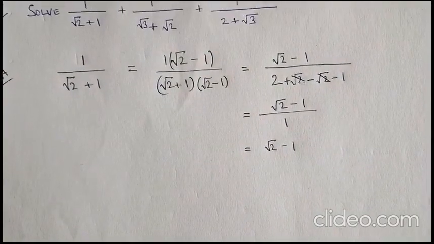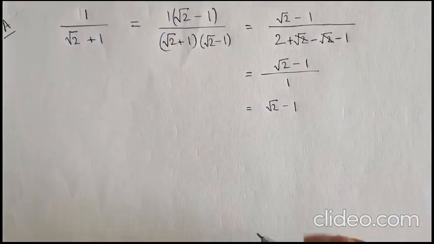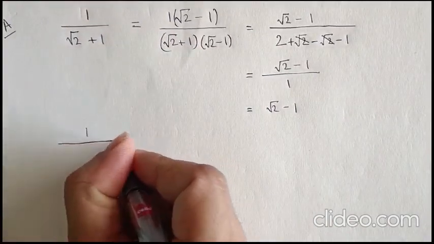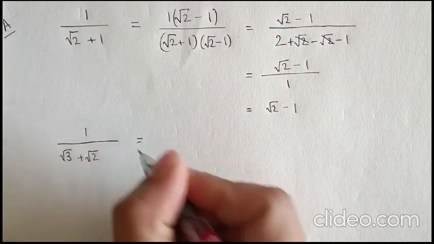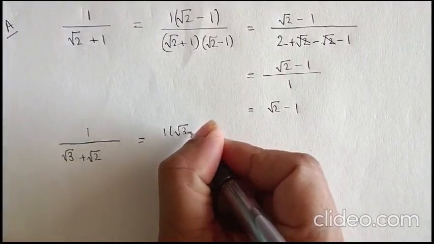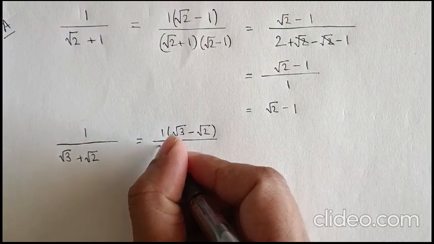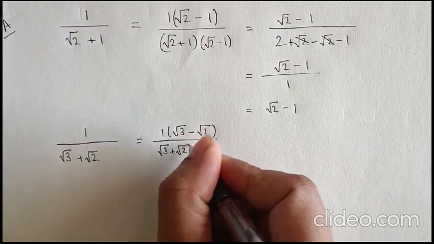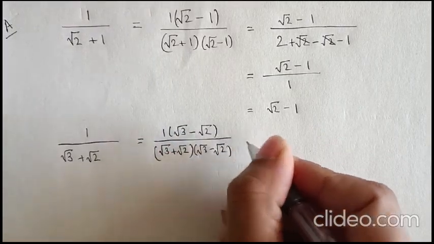Right? Now we move on to the second expression. Now how do we simplify 1 by root 3 plus root 2? Similar process. We put 1 into root 3 minus root 2 on top. This will be root 3 plus root 2 into root 3 minus root 2.